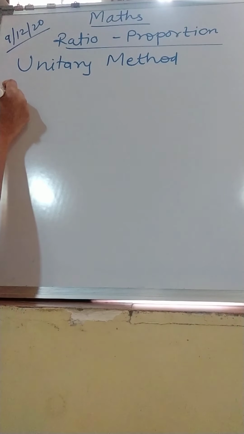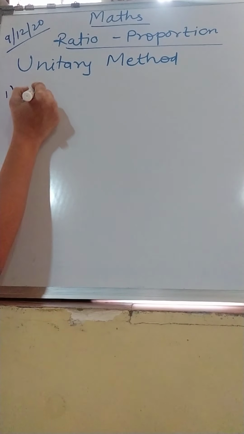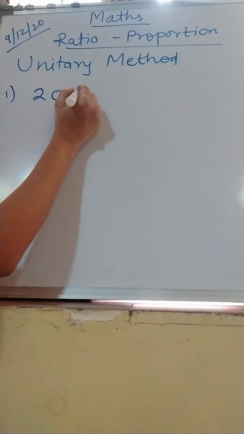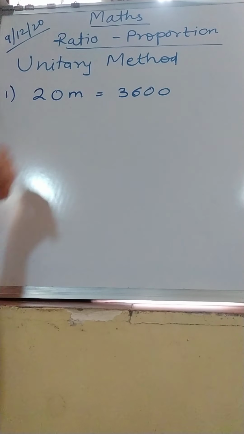If 20 meters of cloth costs 3600, find the cost of 16 meters of cloth. So 20 meters of cloth costs 3600, right?